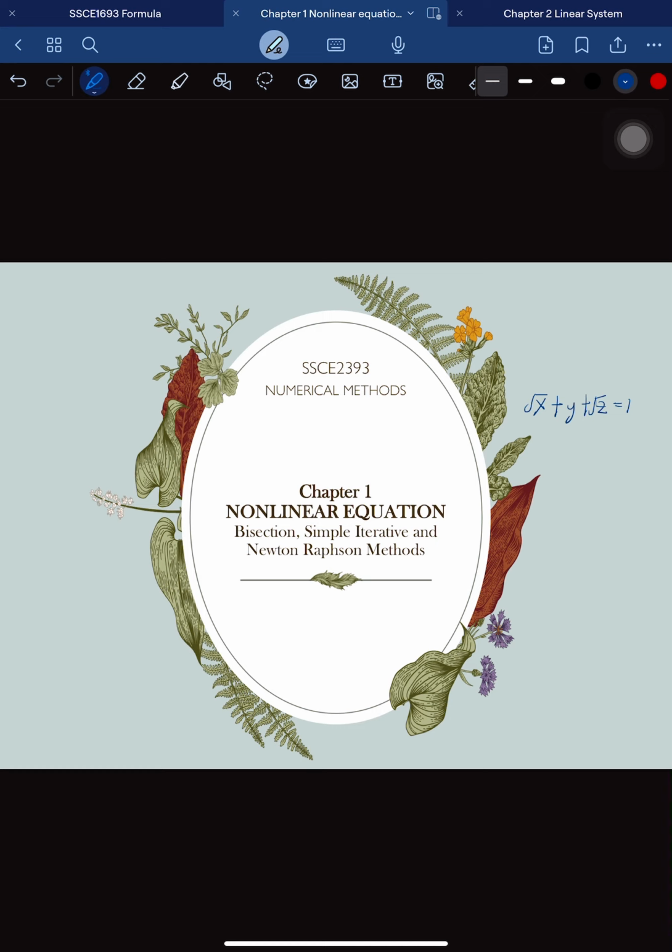Basically, we want to solve the non-linear equation, or find the value of x, by using a numerical method. In this chapter, we focus on 3 methods: bisection method, simple iteration method, and also Newton-Raphson method.